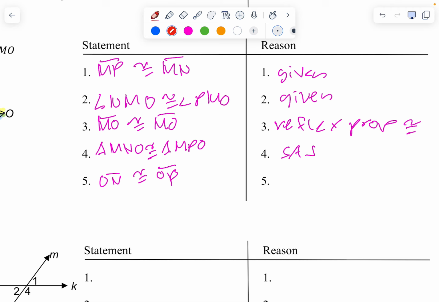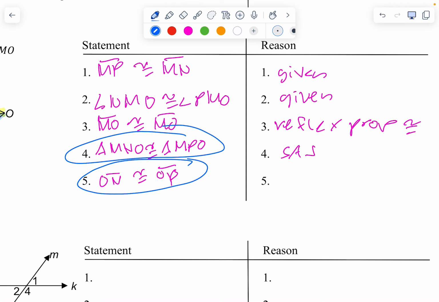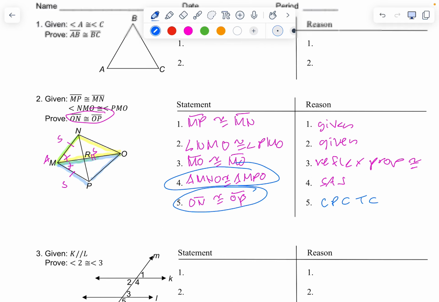So have I mentioned that the 2 triangles are congruent on statement number 4? Is ON and OP really corresponding parts? Yes. So we're going to write CPCTC, which means corresponding parts of congruent triangles are congruent. Okay, if you're good on that, give me a thumbs up. Let's go to number 5. Let's all go to number 5.